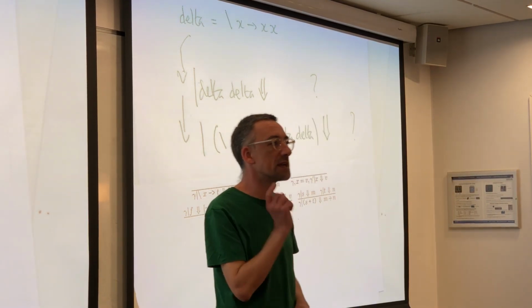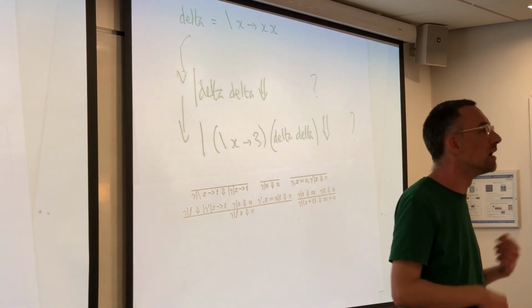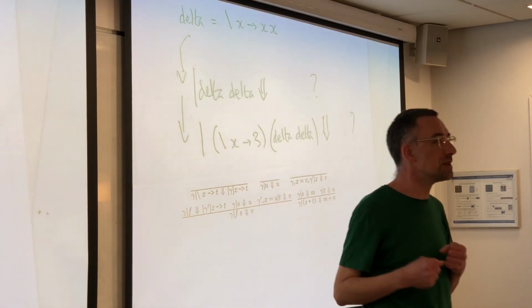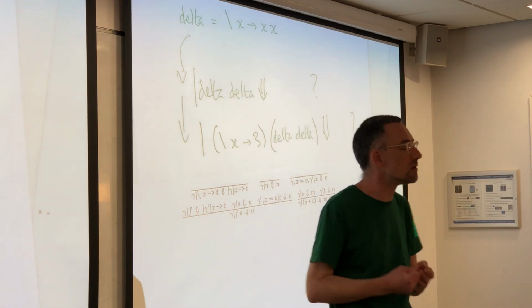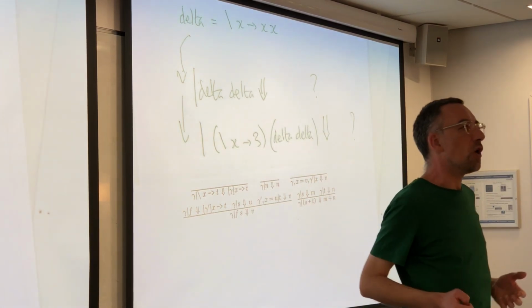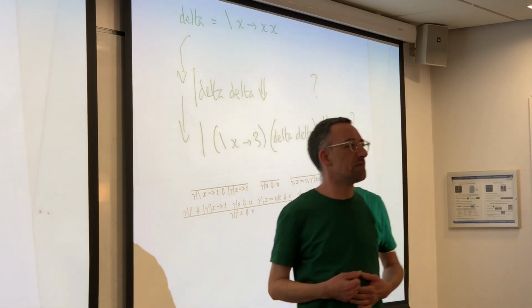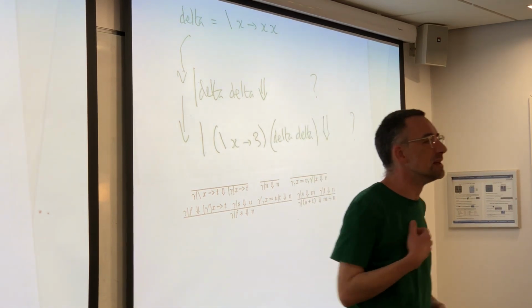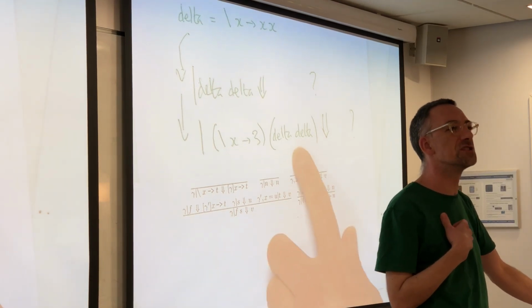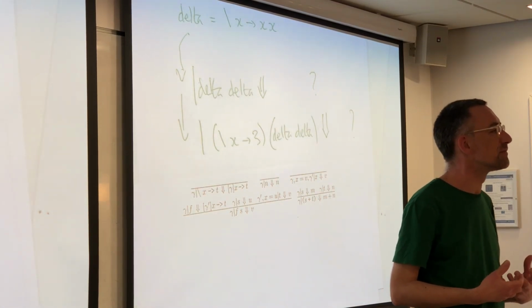So that's one of the things that happens with this call by value strategy. I mean, it's a design choice. Religious wars have been fought over it: should you evaluate the argument to a function before you start working on the body of the function?